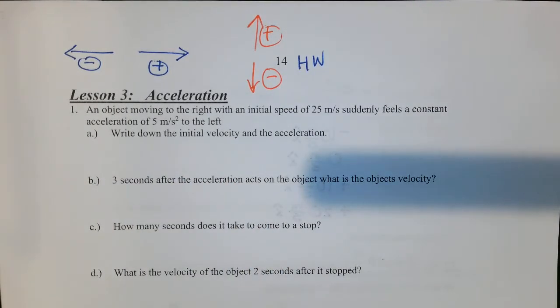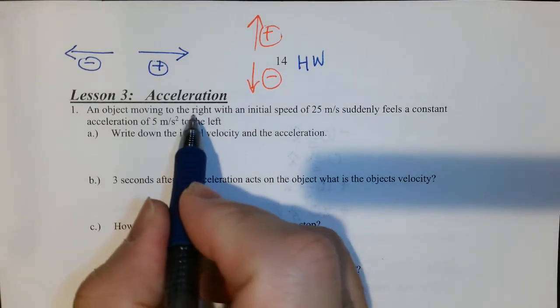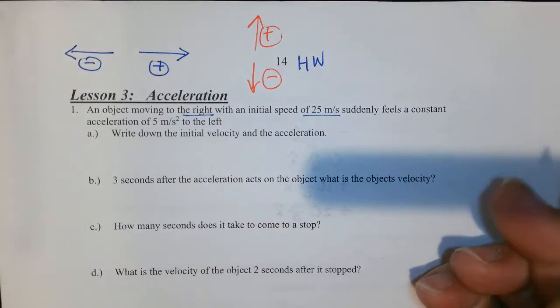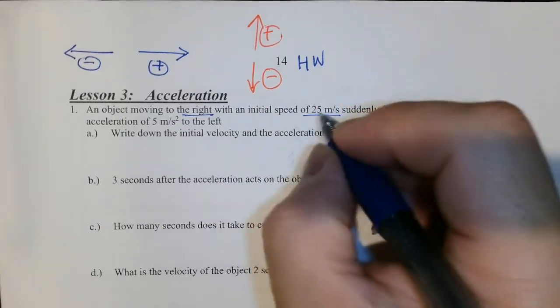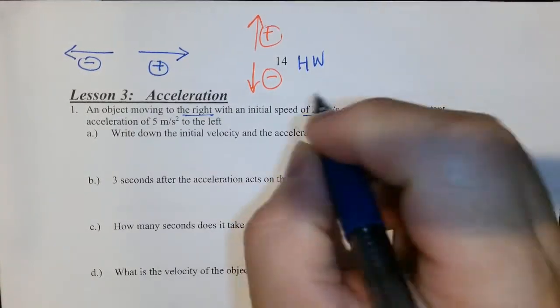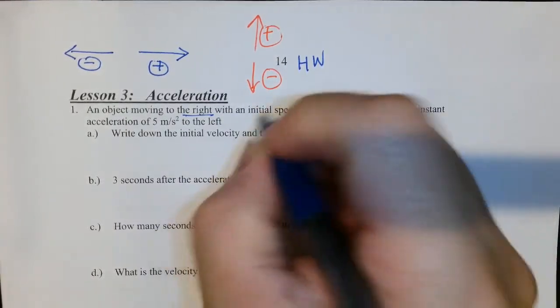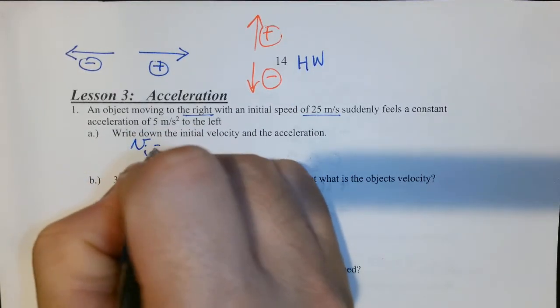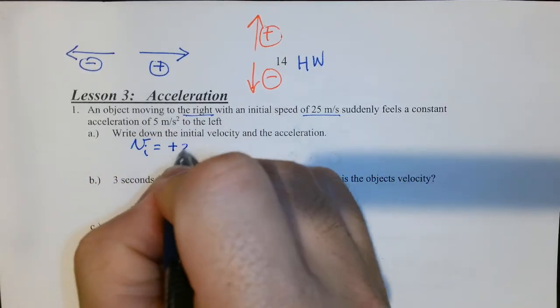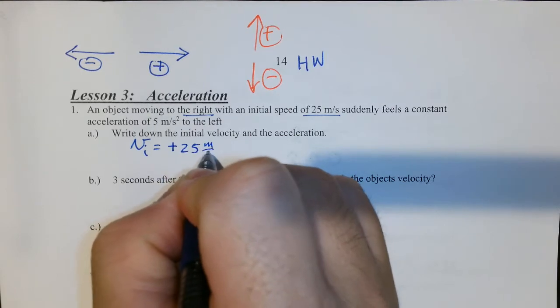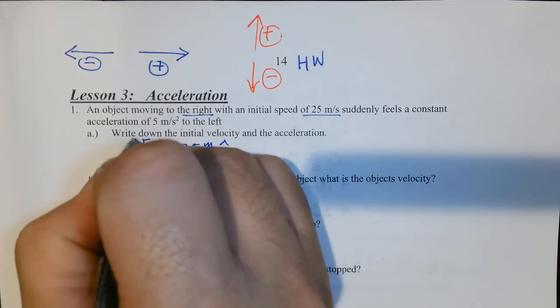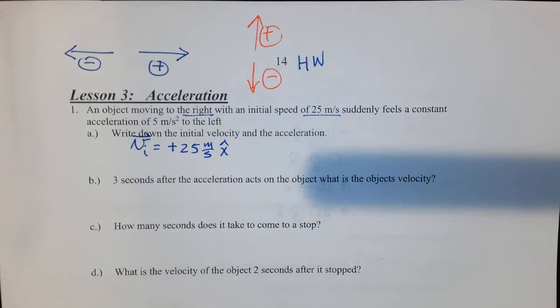So in our case, we have 25 meters per second to the right. That means this is the initial velocity, so V initial is positive 25 meters per second x hat. We're going to assume that it's going to stay on the x-axis in one-dimensional motion.